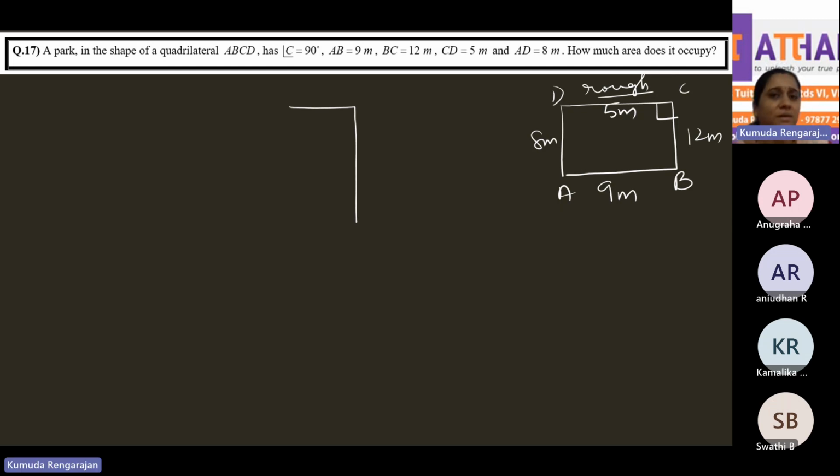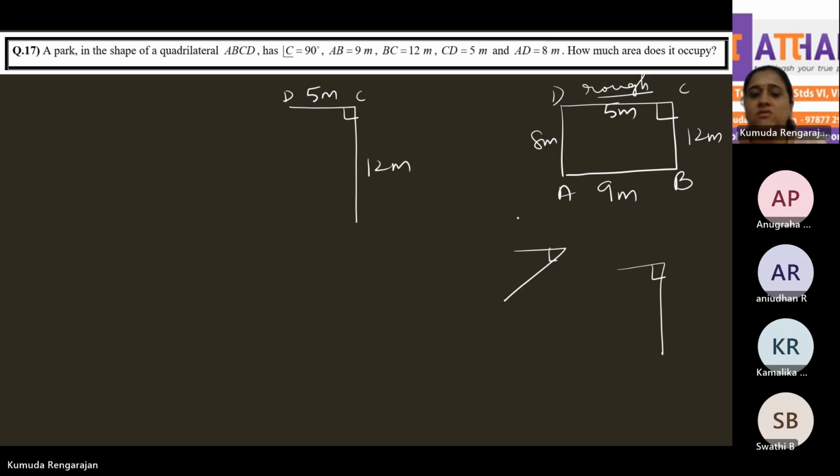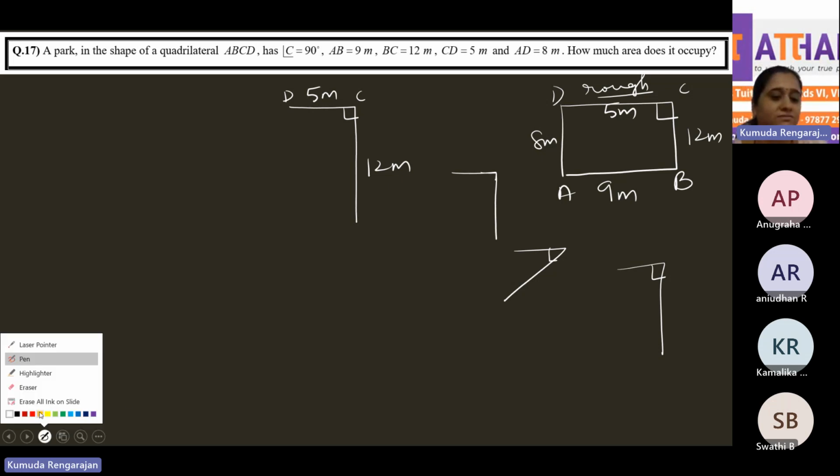Don't think you should be so precise. I'm just trying to explain. This is 5 meters, and this is 12 meters. This is D, this is C. This is 90 degrees. Is this correct? 90 means it should be sharp here, no? 90 cannot be like this. So 90 has to be like this. All right.